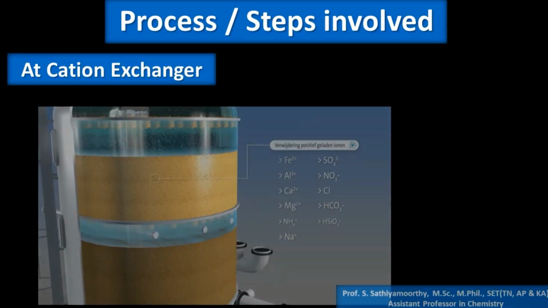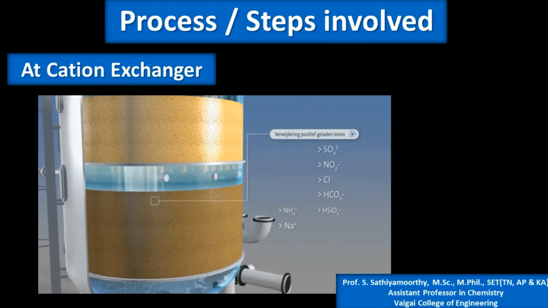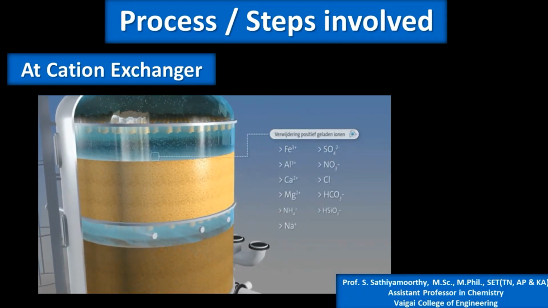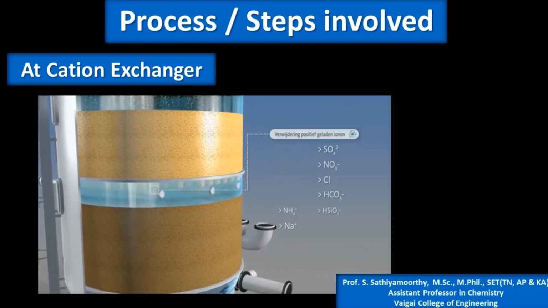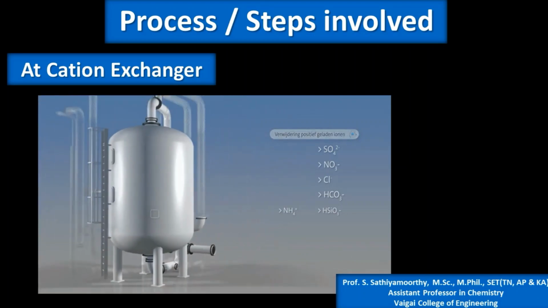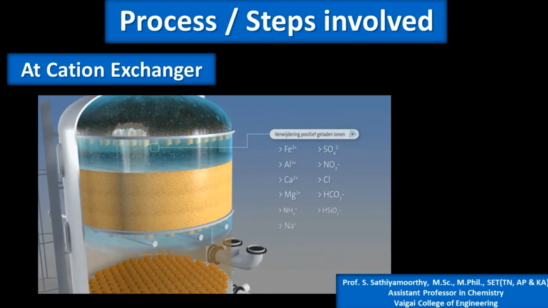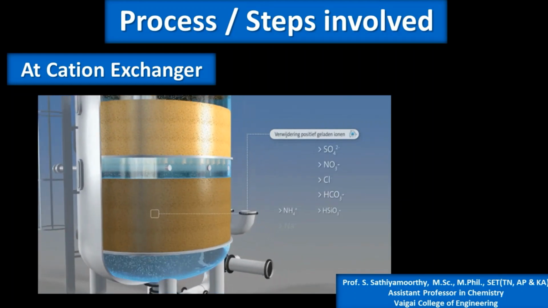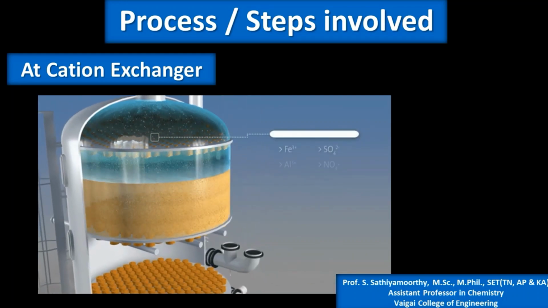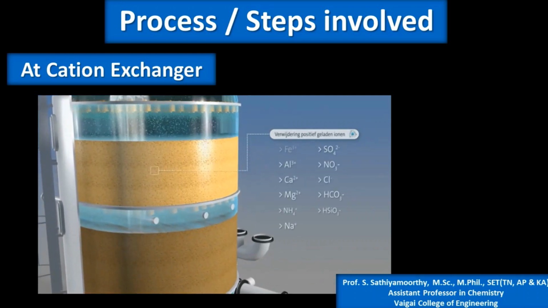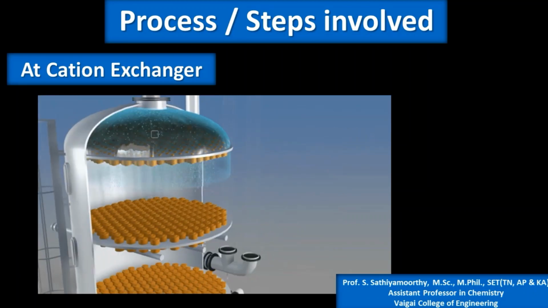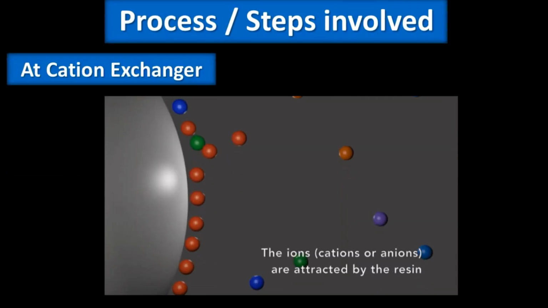Now we are going to discuss the process or steps involved during the ion exchange process. The water is always passed first through the cation exchanger. You can see the cations like Fe3 plus, Al3 plus, calcium, magnesium are getting removed, and the water is now free from cations and only contains the anions listed. Are you clear? Fine. Now you can see how this is taking place.